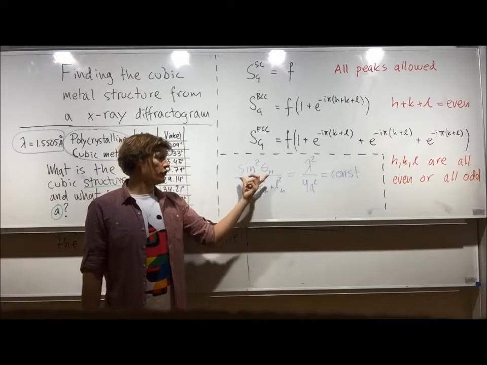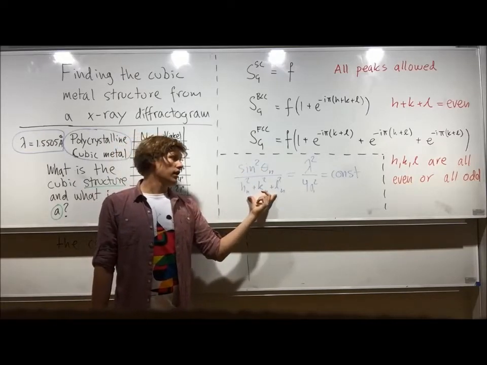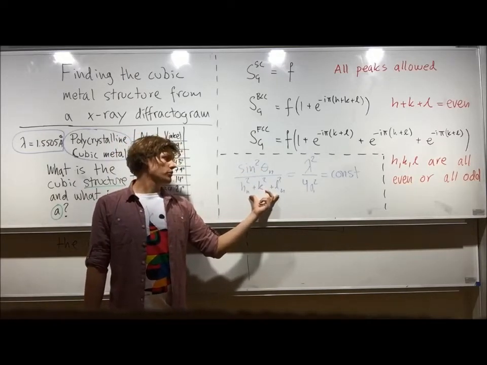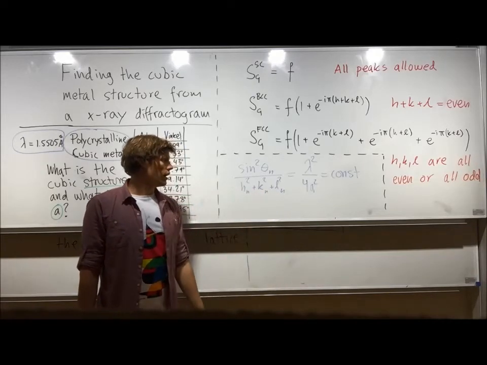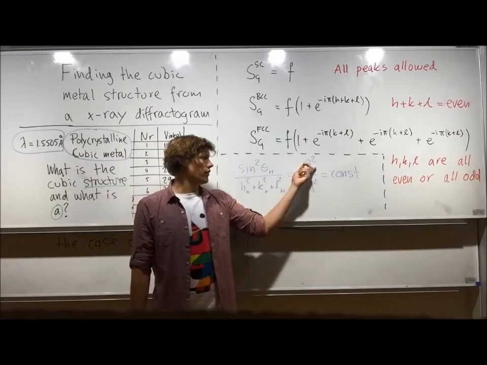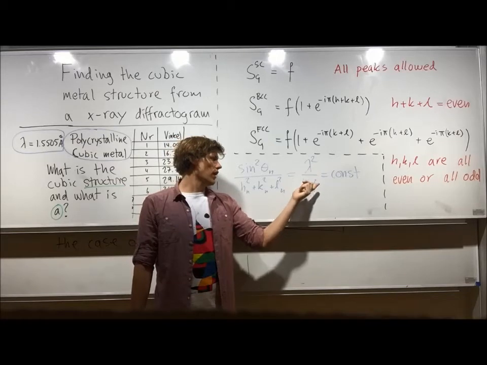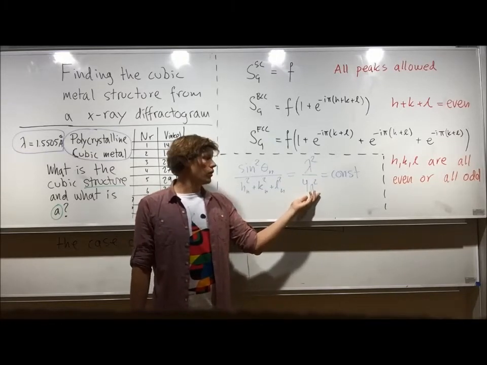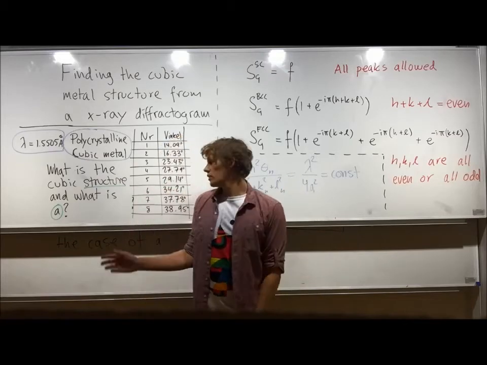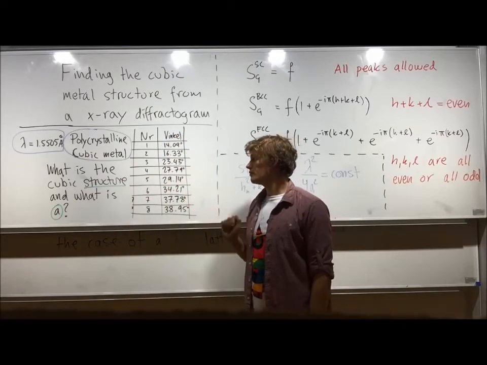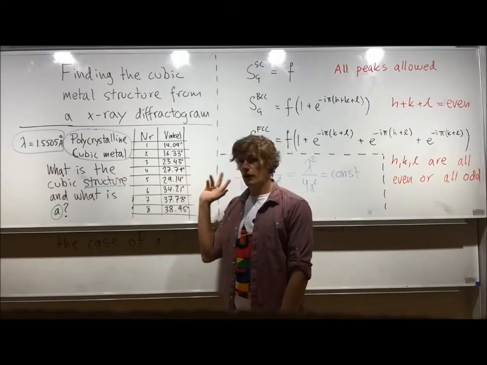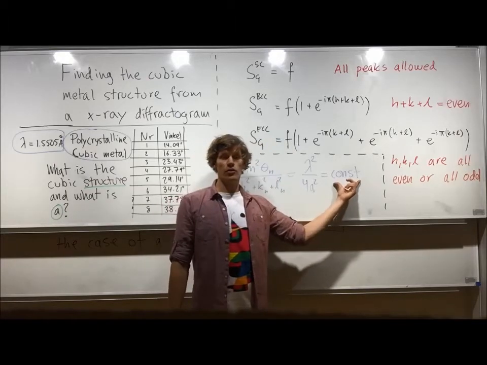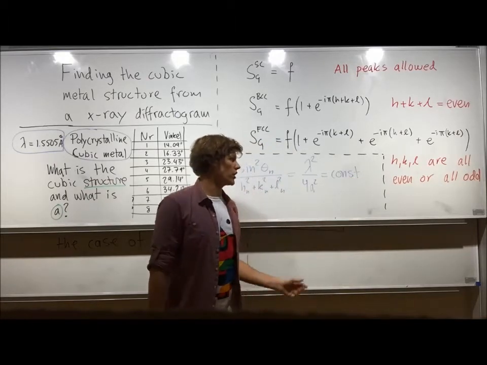So if you do calculate this for the particular crystal, it should always be constant, right? Since this is equal to the wavelength we're using to radiate, divided by the lattice parameter, and this stays constant. So in this table here, we should use this expression, and if we get a constant value, we know that we have the right crystal structure.